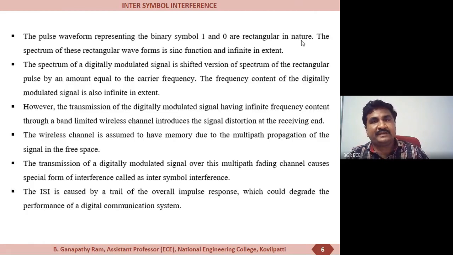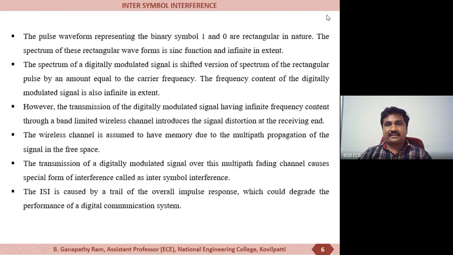The pulse waveform is represented by rectangular pulses in the case of binary symbols 1 and 0. The spectrum of these rectangular waveforms is always sinc in nature, which is infinite in extent. The spectrum of the digitally modulated signal is the shifted version of the spectrum of the rectangular pulses by an amount equal to the carrier frequency, and its frequency content is also infinite in extent.